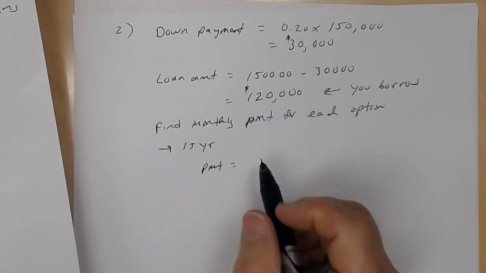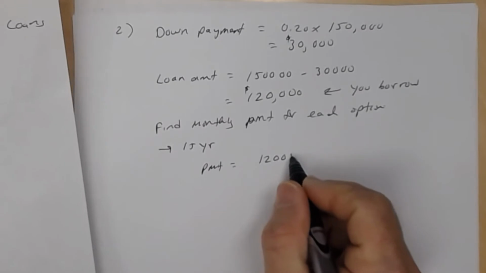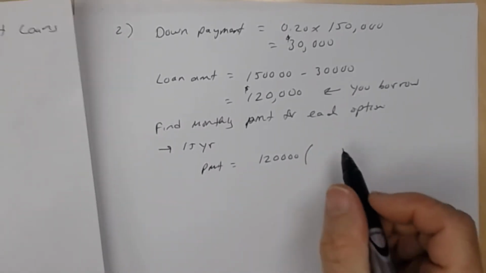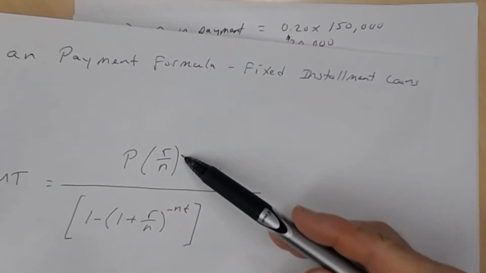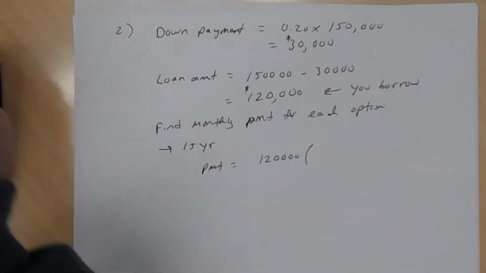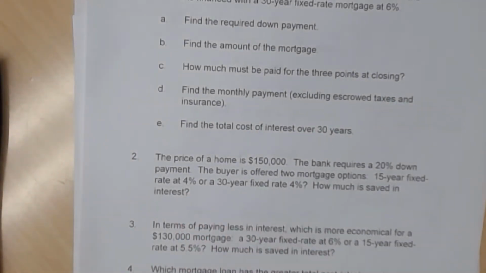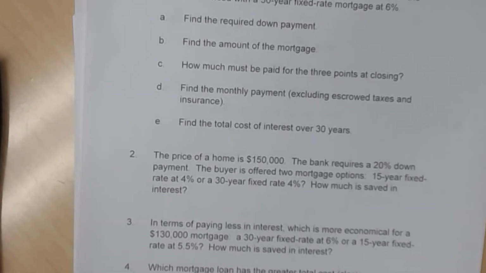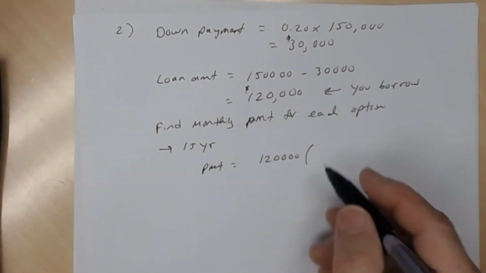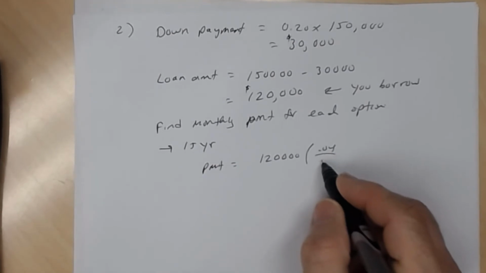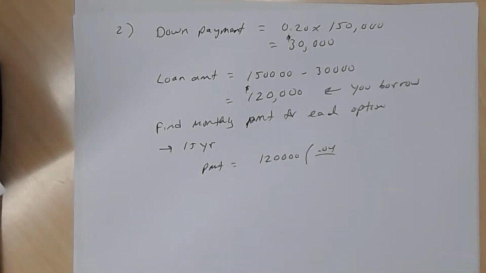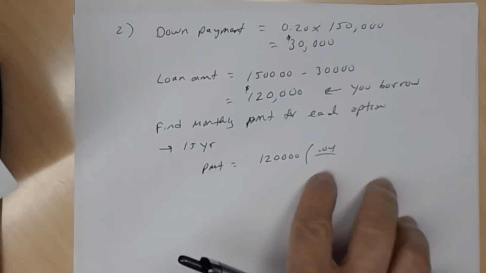So I'm going to borrow $120,000 times the rate, which remember is 4%. It'll be 4% for both. So keep that in mind. So that'll be 0.04 divided by the number of installments each year.